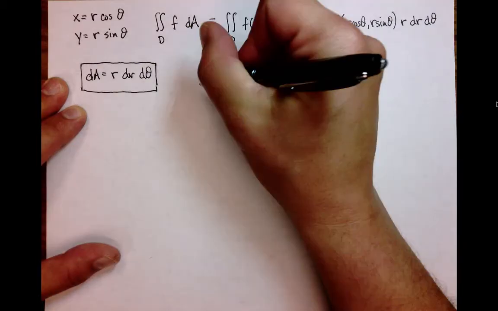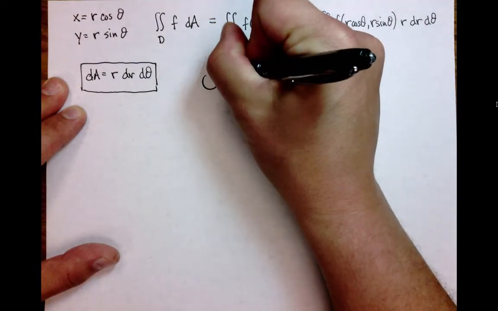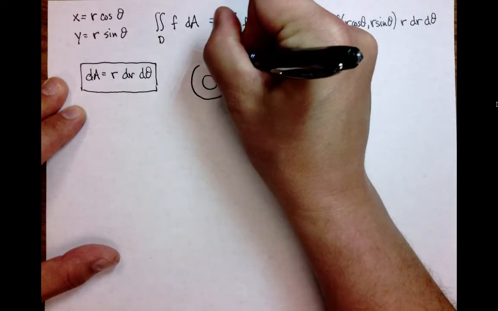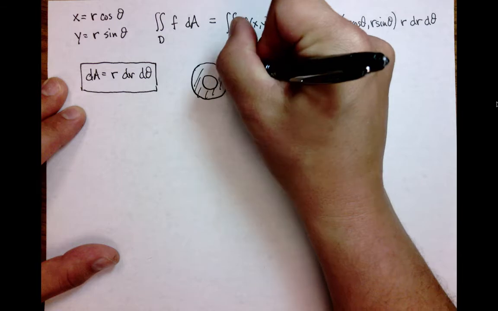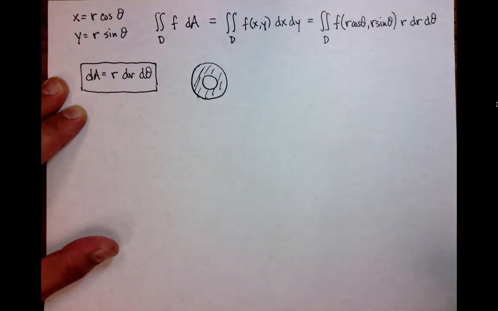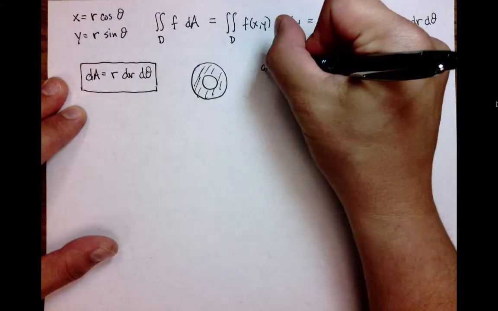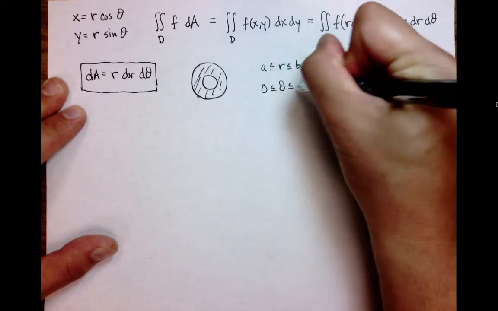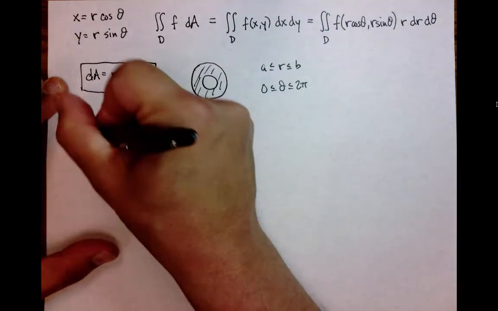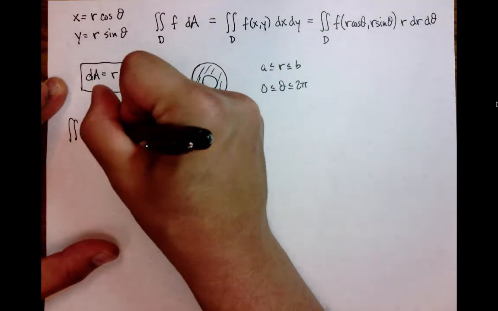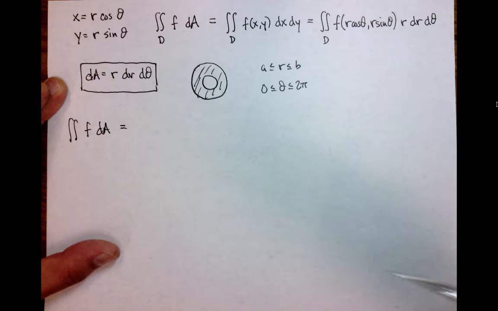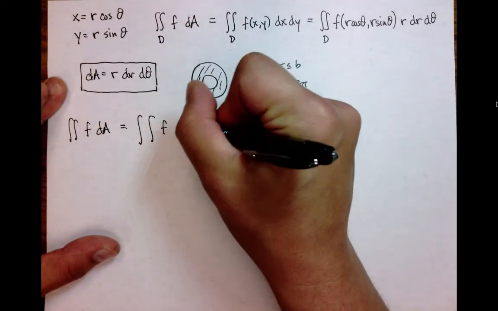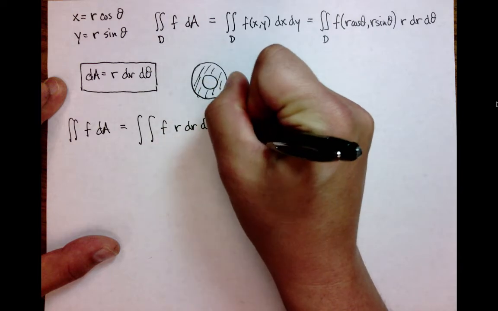So, for example, if we were going to integrate over this ring-shaped domain, where we had r going between a and b, theta going between 0 and 2 pi, then we might be able to write down f r dr d theta, and as always the order is very important.